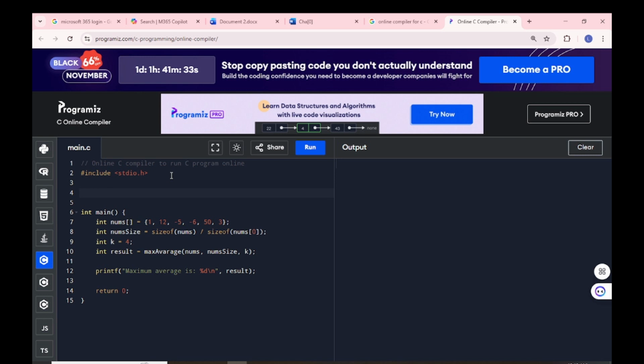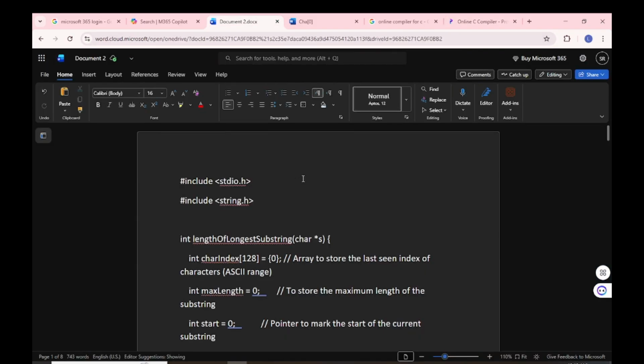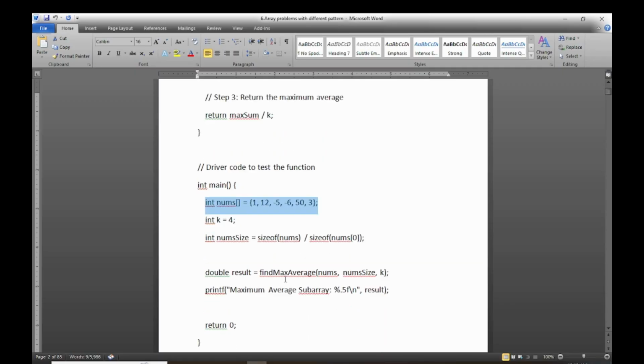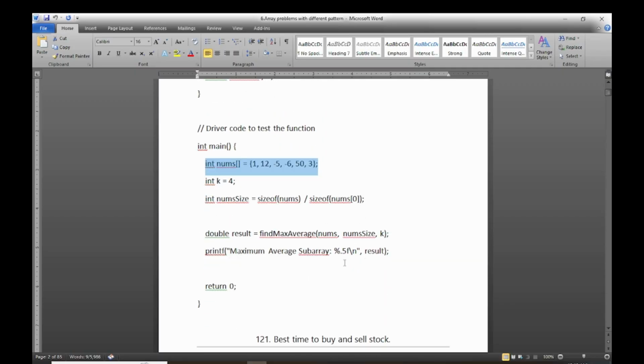Okay, so here we will do integer, this is going to be double, guys, and this should be long float, right? So double, num size, k.